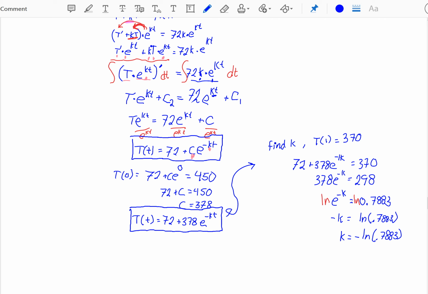Now this is pretty precise, but I want to write a decimal approximation just so we can use it in our work today. So I'm going to grab my calculator and do the negative natural log of 0.7883. And I think this comes out to be 0.2337.